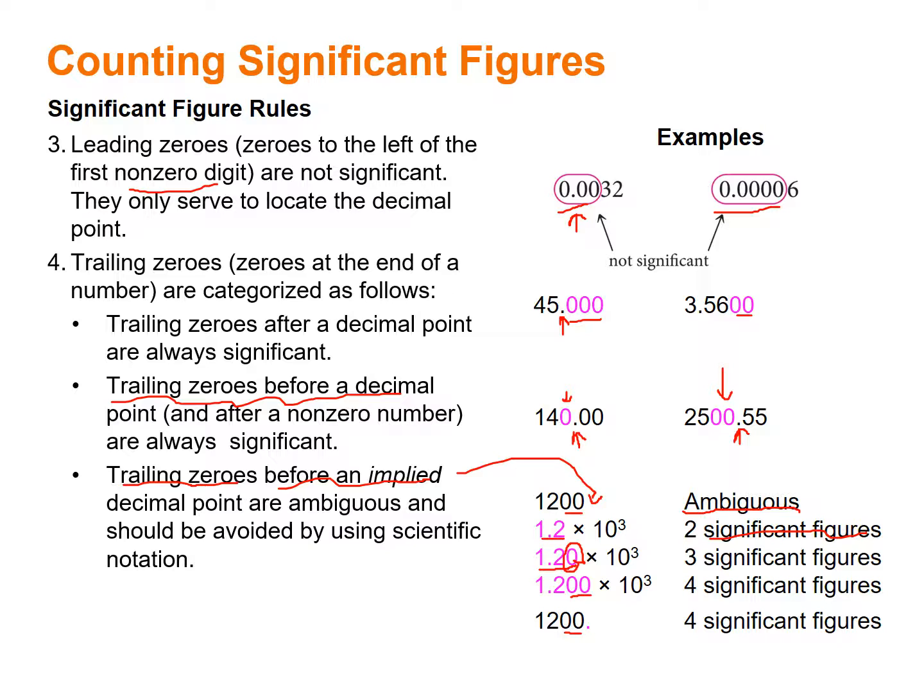Here we have four significant figures because you wrote down the decimal point. So when you're dealing with zeros, where you put the decimal point determines whether the 0 is a significant figure or not. You have to be very careful about that, and you want to avoid this ambiguous situation because you can't tell how many significant figures you have in that case.